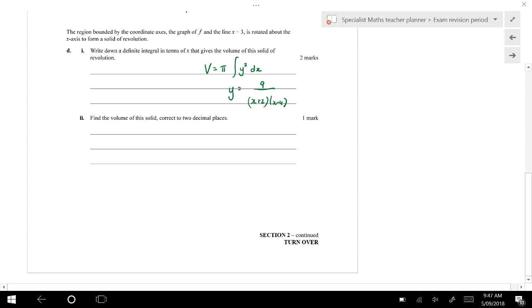So the volume is equal to pi, bringing the pi out the front, integral from 0 to 3 of 81 over ((x plus 2)(x minus 4)) squared.